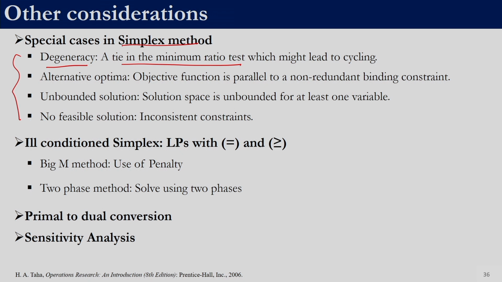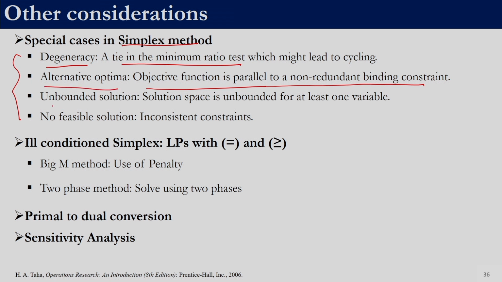Another issue that can occur in simplex method is when we have alternative optima. Over here what happens is that the objective function is parallel to a non-redundant binding constraint. So, the solution lies on the constraint and this constraint is parallel to the objective function. Just like we drew the constraints, we can also draw the objective function, and if it happens that the objective function is parallel to a non-redundant binding constraint, in that case we have alternative optima.